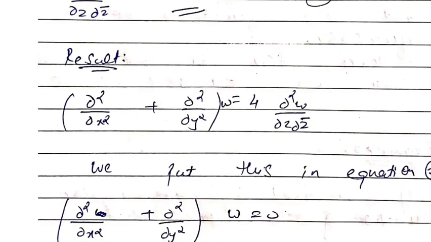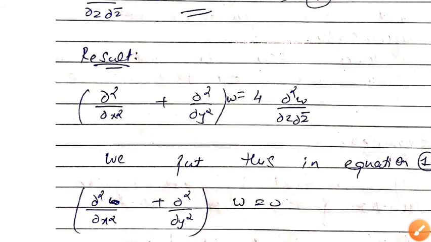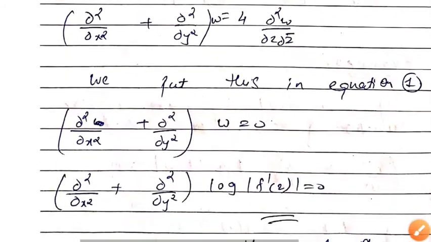See, now this is one result: del square upon del x square plus del square upon del y square of w equal to 4 del square w upon del z del z bar. Now I will put this value in the above equation 1.